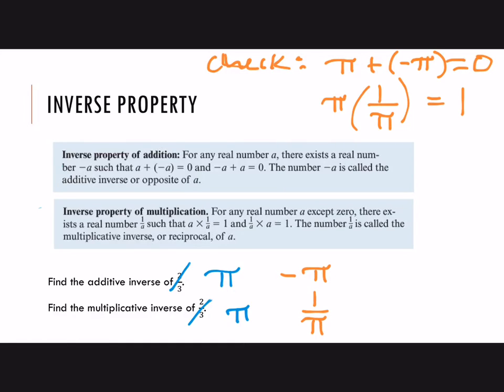Well, this is like pi over 1. So multiplying, you'd have in the numerator pi times 1 is pi. In the denominator, 1 times pi is pi. And then pi divided by pi, they would cancel. And that gives you 1 as an answer. So we're getting 0 and 1 as answers, so these are the correct answers.